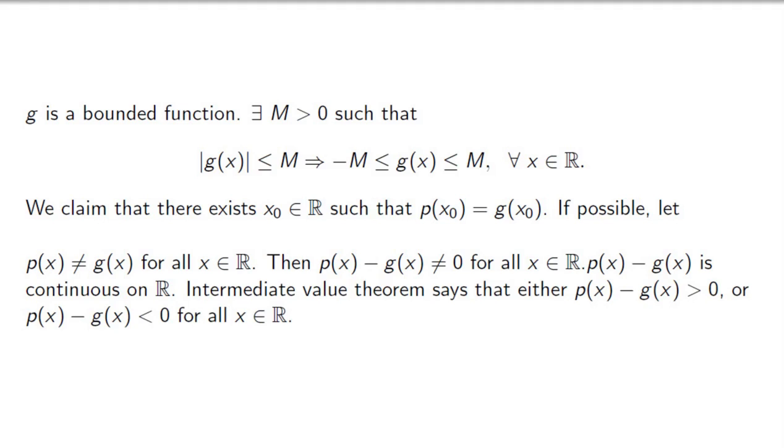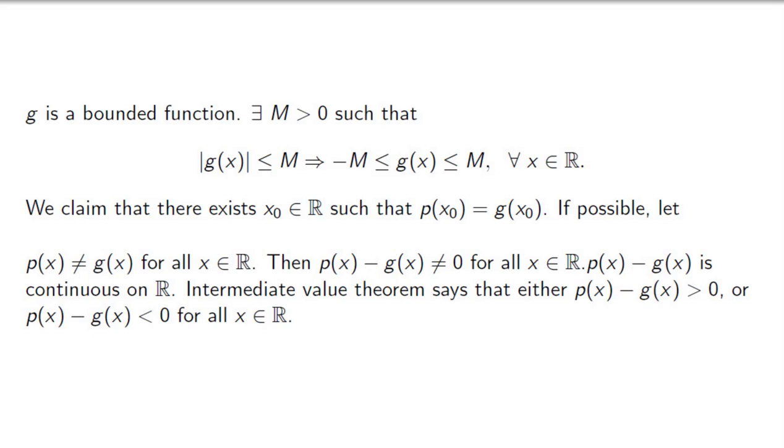The intermediate value theorem says that for any continuous function f defined on the real line R, if f(x) is greater than 0 for some point a on R and f(x) is less than 0 for some point b on R, then there has to be a point, say c, between a and b such that f(c) equals 0.